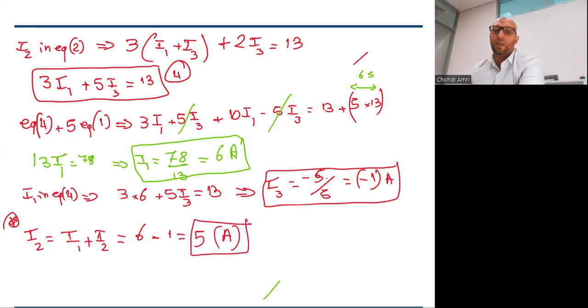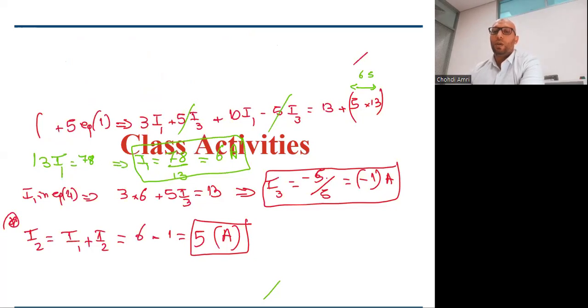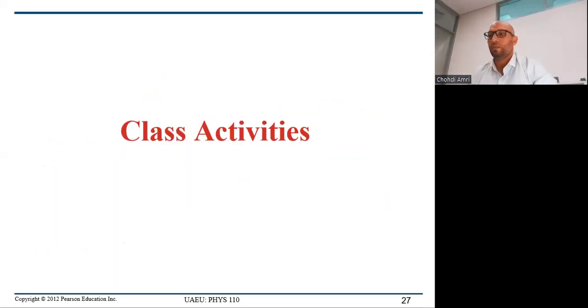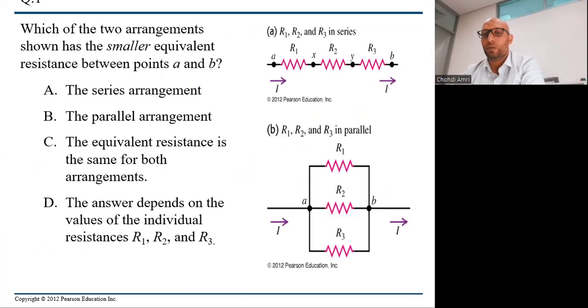Okay, so we are done with this kind of example. Now we're going to move to some class activities. We will try to answer these two questions. Question 1 asks: which of the following two arrangements has the smaller equivalent resistance between points A and B?